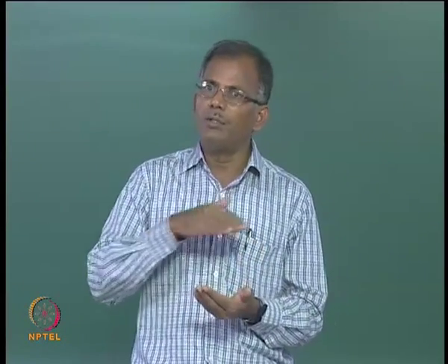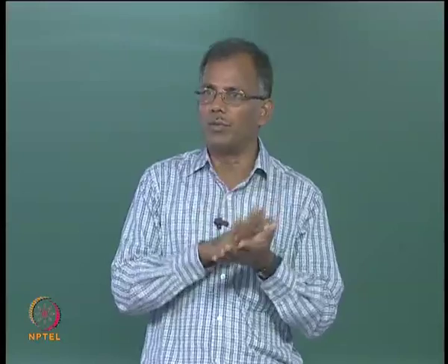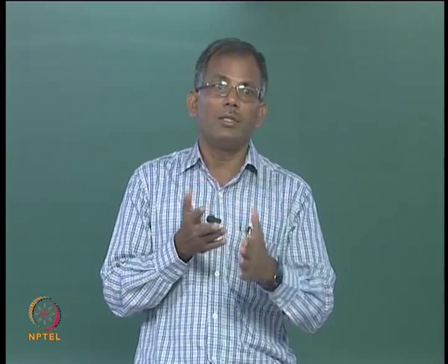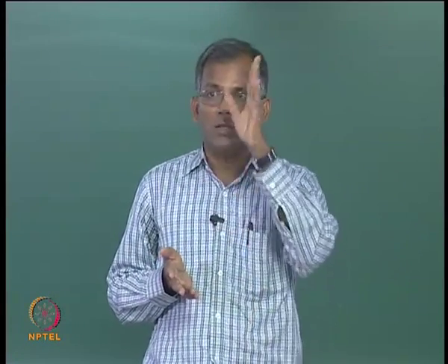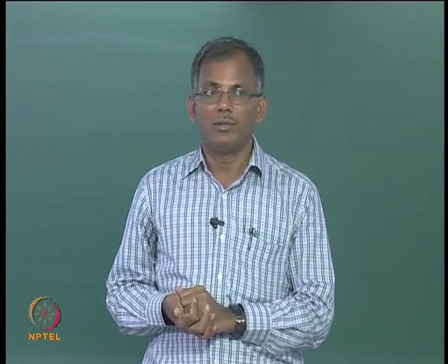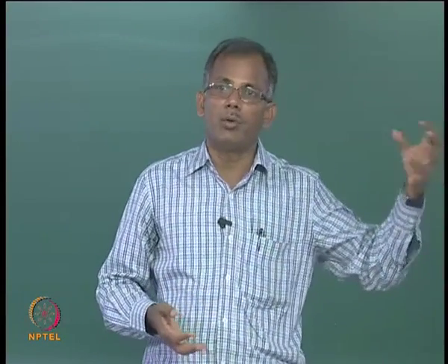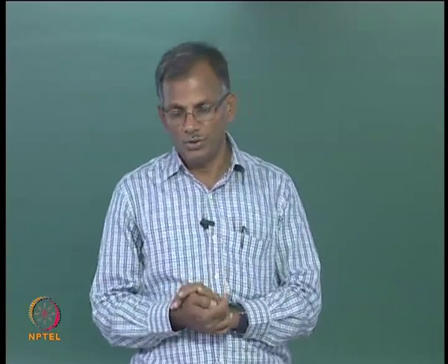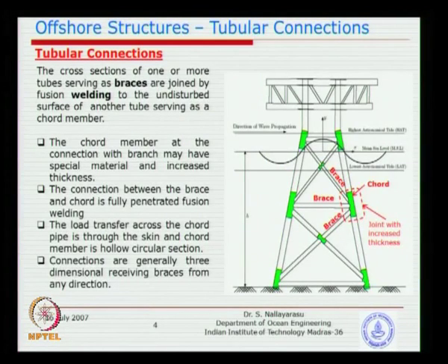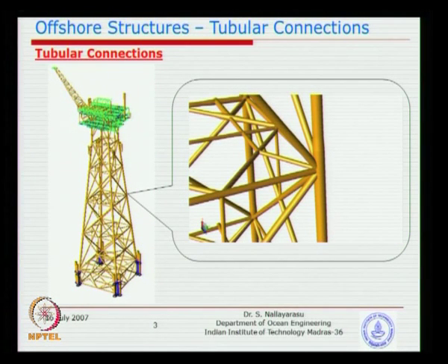Now, one by one you can slice off and see how the loads are transferred, but you cannot control the structure that way, because you do not transmit the loads one at a time. All the braces are going to deliver the forces simultaneously at any given instant of time. Whereas in the design process we are going to plan, designing a three dimensional joint is not feasible, because the design procedure developed today does not have a provision to take into account all loads coming from all members in space.